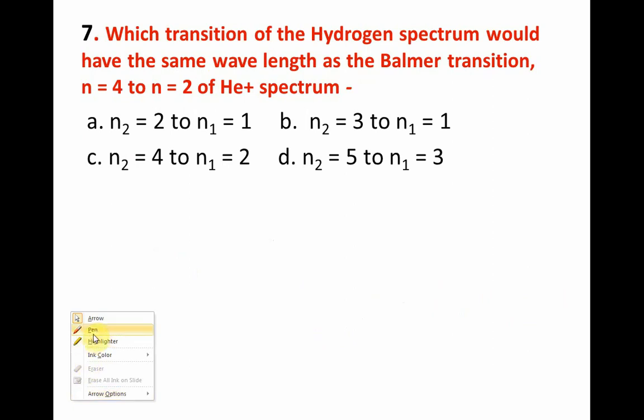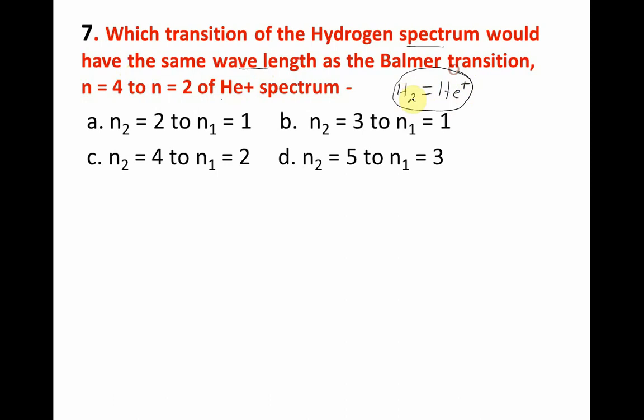Okay, next question. Which transition of the hydrogen spectrum would have the same wavelength as that Balmer transition for helium? Means we need to find out the transition of the hydrogen spectrum that should be equal to the helium spectrum.